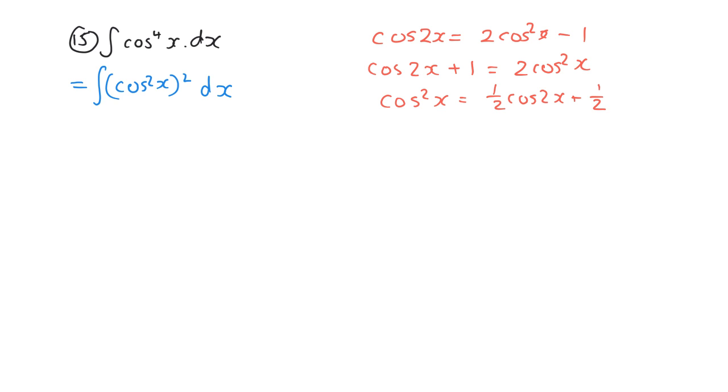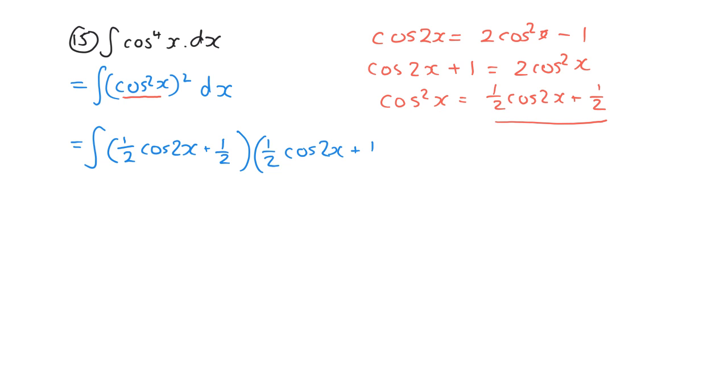So I'm going to replace the cos squared x inside the bracket with this. So it's a half cos 2x plus a half. Now this whole thing is squared, so it's times a half cos 2x plus a half.